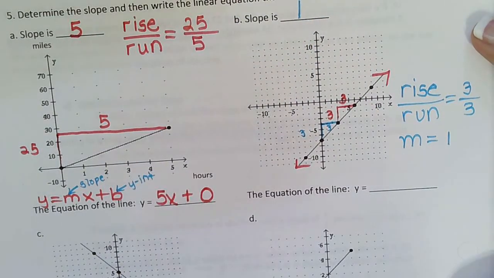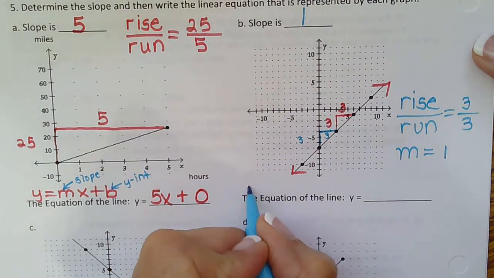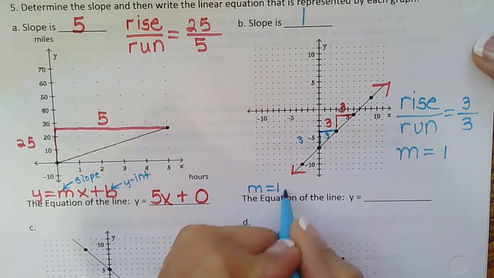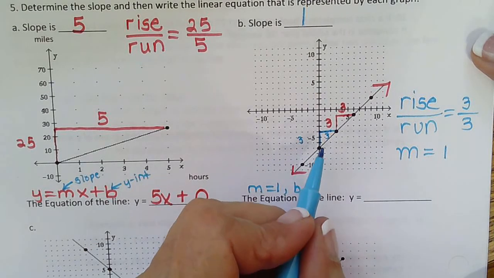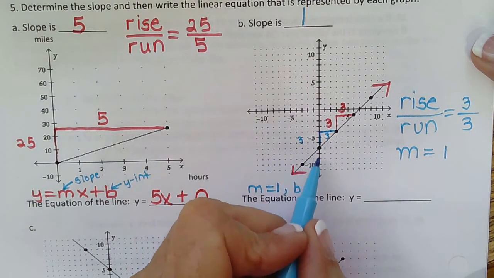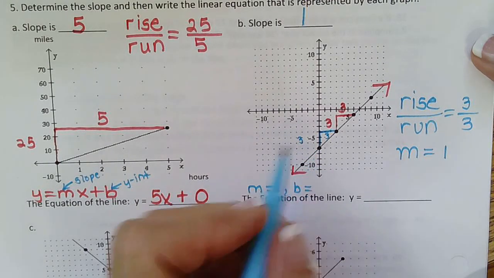So we know our m is 1. Now we have to figure out b. Let's just write it here. M is 1, b is, and b's where it crosses the y-axis. So that looks like -7, 8, 9, 10, yep, -7.